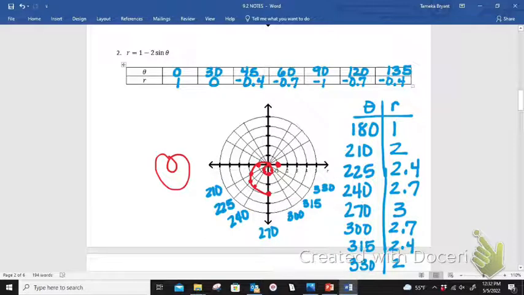So at 300, I'm a little less than 3. And then here I'm getting closer. And that is your polar with the inner loop.